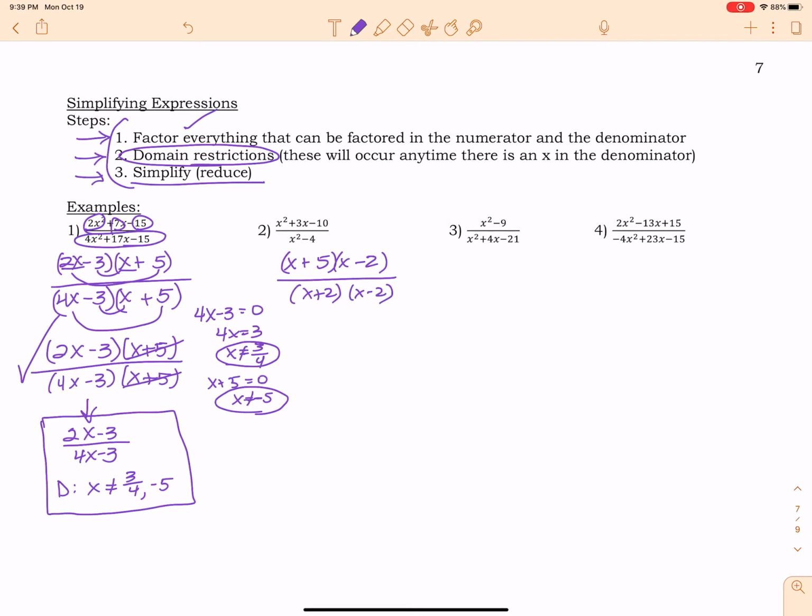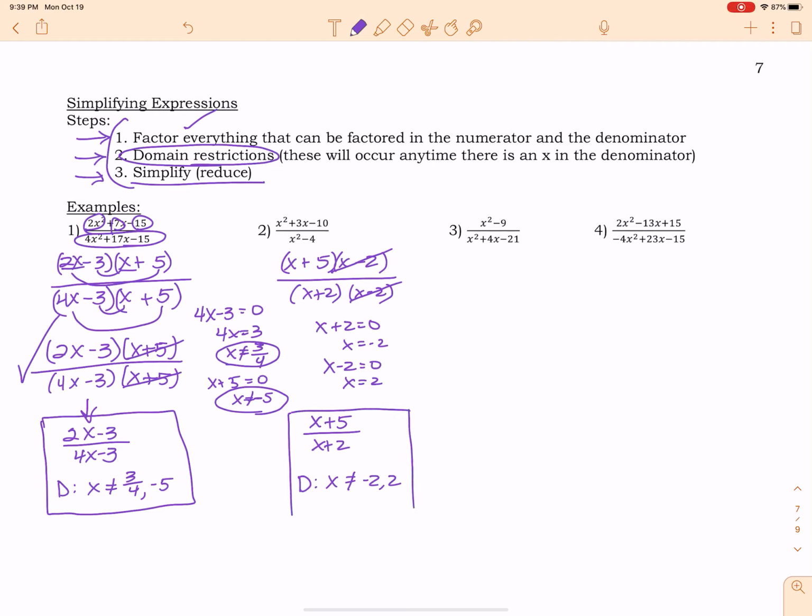My next step, set my denominator factors equal to 0 and solve so that I can find my domain restrictions. And now I'm going to reduce. So my solution here, or my simplified expression, is x plus 5 over x plus 2. The domain is restricted to everything but -2.